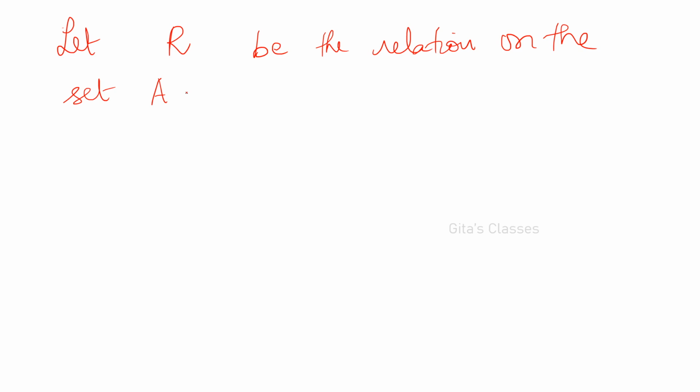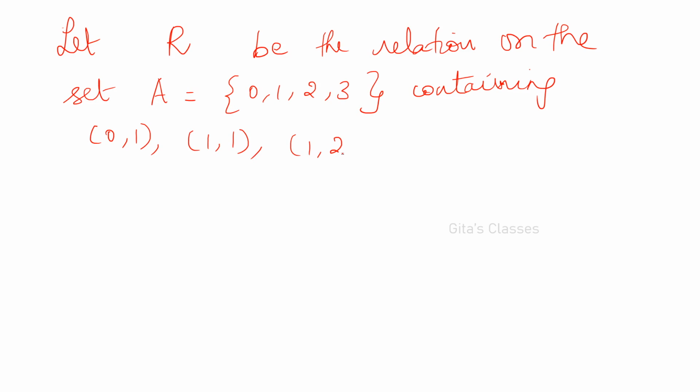I'll give you one problem as homework. Let R be the relation on the set A = {0, 1, 2, 3} containing the ordered pairs (0,1), (1,1), (1,2), (2,0), (2,2) and (3,0). Six elements.